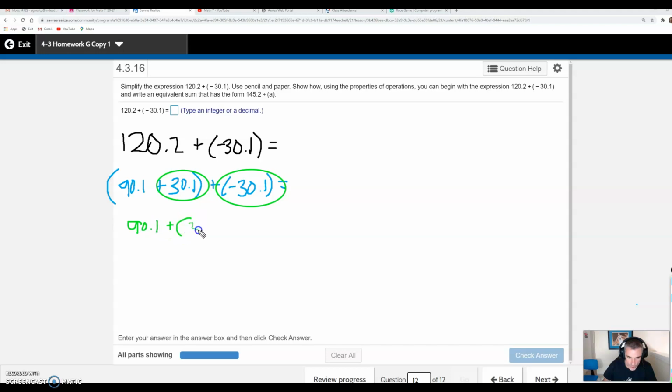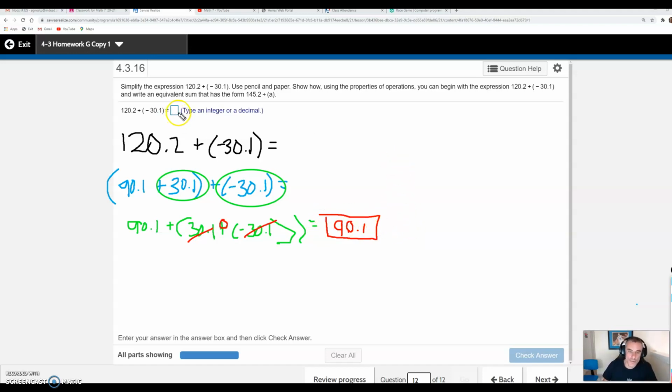Now I do my regrouping. 30.1 plus negative 30.1. Getting sloppy with my writing. Equals, all right, we know our additive inverses are going to sum to 0. So 90 plus 0.1 plus 0 is just 90.1.